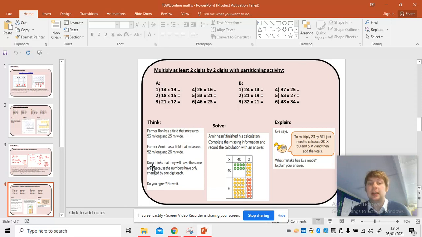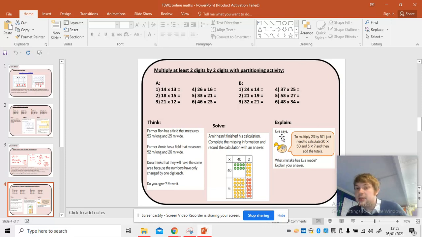My advice to you on the think is just read. You've got two numbers in each part. Well, we know what we're working on in the maths, so that's probably going to tell you what you need to do. Likewise, here for the solve, Amir hasn't finished his calculation. Oh no, he'd be staying in the break if he was in school, so you help him. Finishing the missing information that he hasn't maybe quite done right in this, and show us what is 42 multiplied by 46.